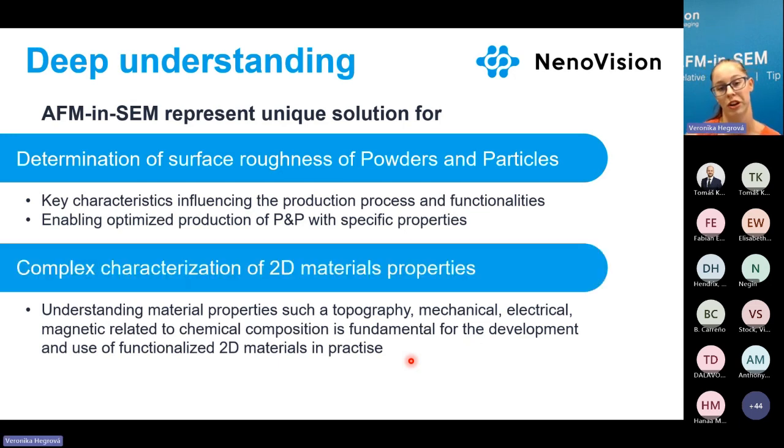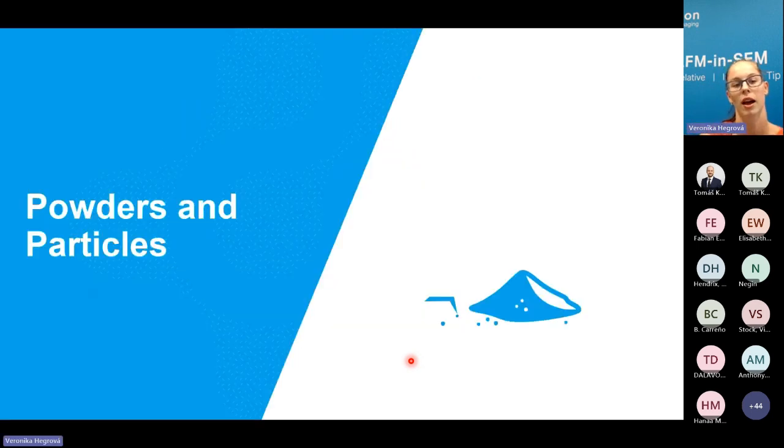And complex sample characterization is crucial for the 2D materials, where reproducibility is still kind of an issue, but they have perfect properties, so it would be sad if we can't use them to the maximum. And so let's get into the powders and particles.